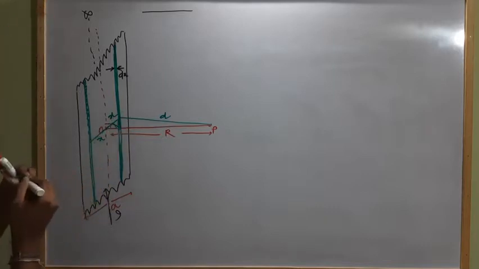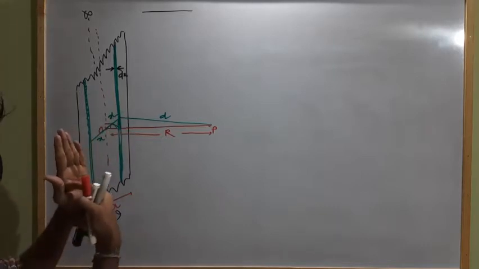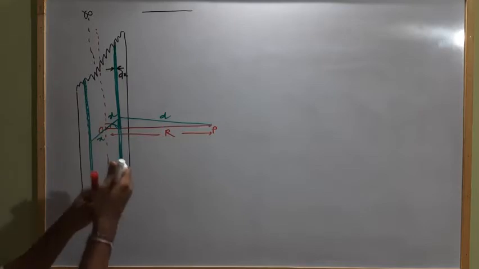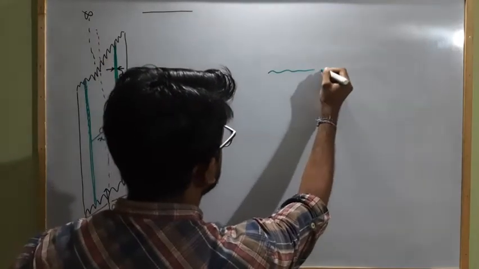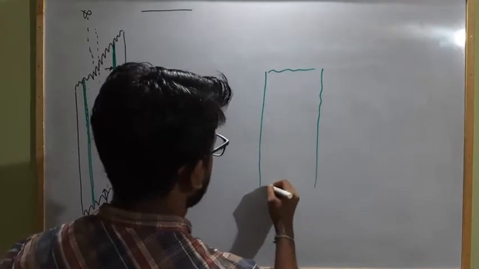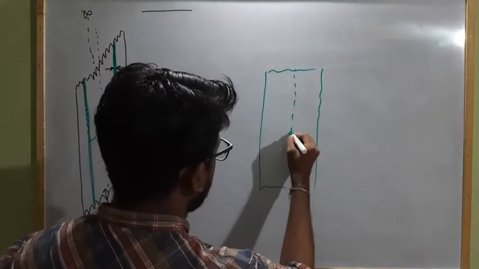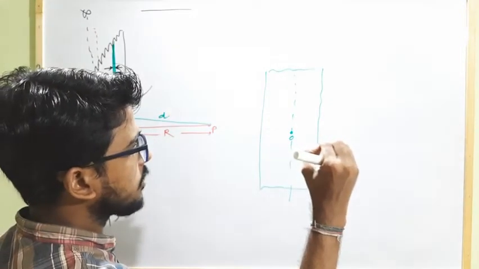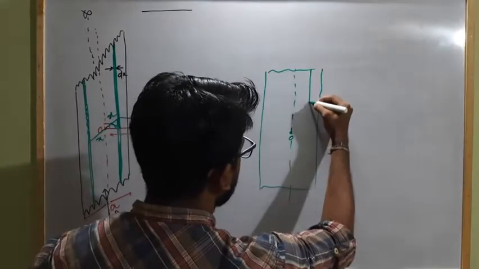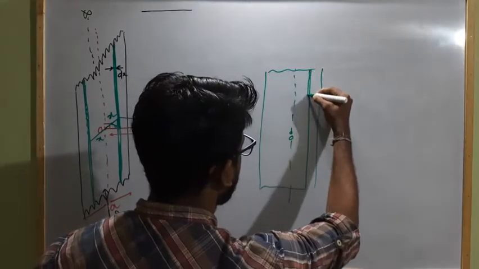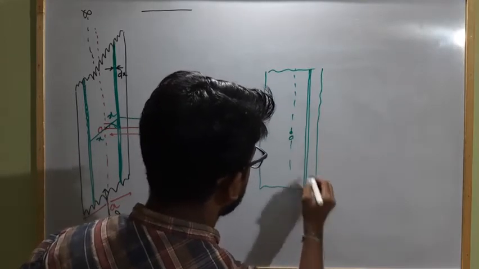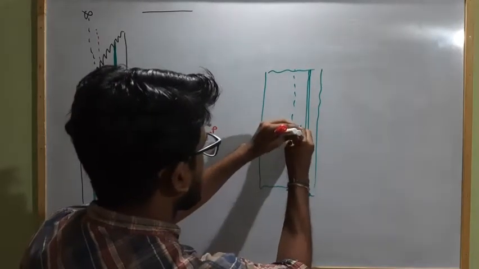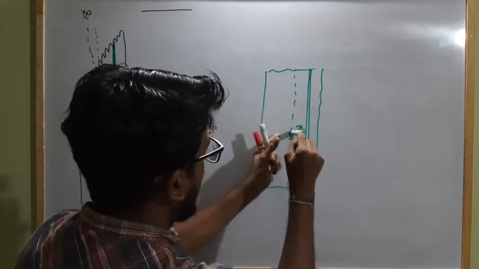As this angle is 90 degrees, it's a three-dimensional figure, so you have to assume it like that. This is the sheet, this is the bisector, here is O, and along this line is the point of observation P. I am considering a thin segment of width dx, at distance x from O, and here is the point of observation P at a distance r.